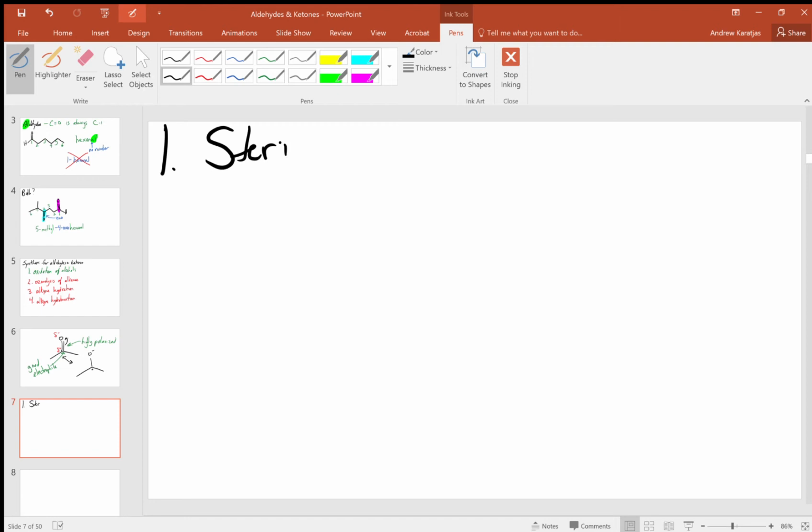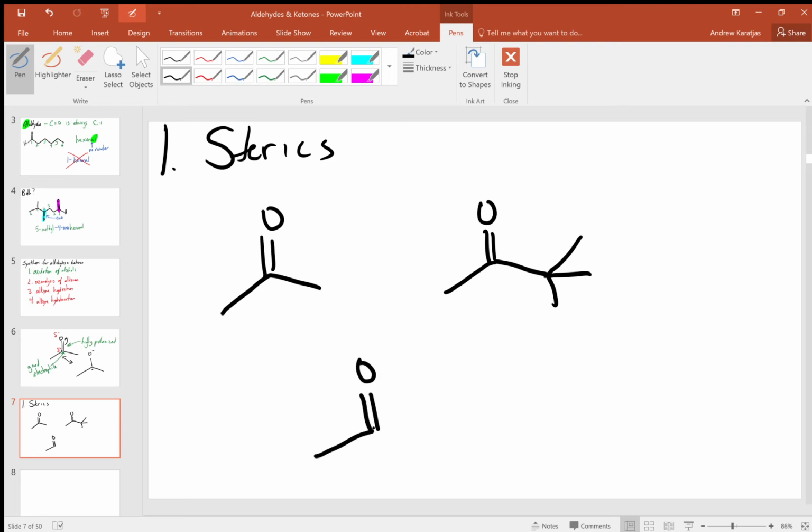Well, one of the first issues is sterics. For example, if we compare these two ketones, or even a ketone with a similar aldehyde, in order for a reaction to take place here, we have to have a nucleophile that can access this carbonyl.